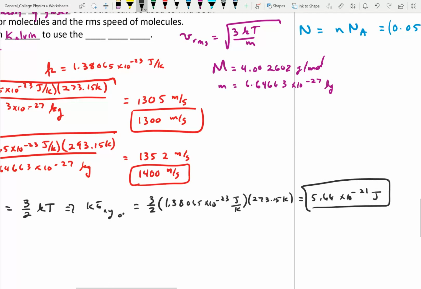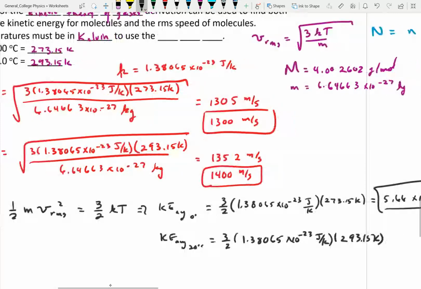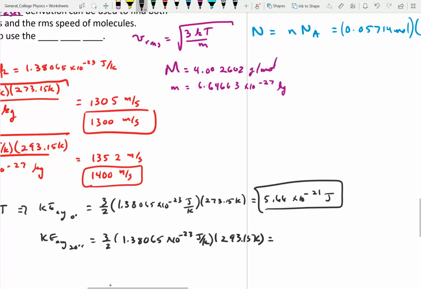If you do the 1/2 mv squared, you'll find you get exactly the same value. And switching to the average kinetic energy at 20 degrees, that gives us 6.07 times 10 to the minus 21 joules.